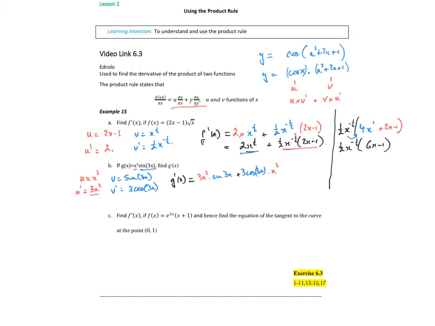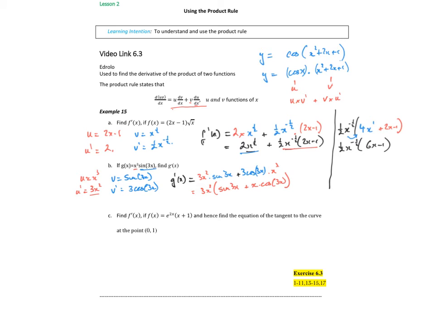And again, we've got an x squared term that could come out as a factor with a 3. So we might write it as 3x squared out the front of sine 3x plus x cos 3x. And then if we have to evaluate values at a particular point, we can substitute them in, that sort of thing.